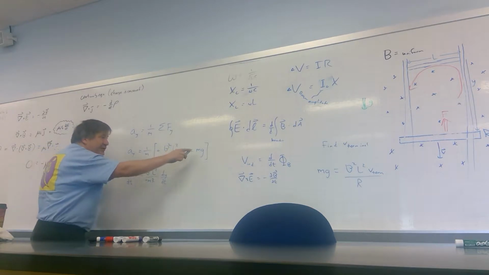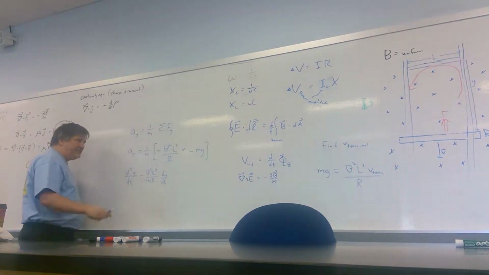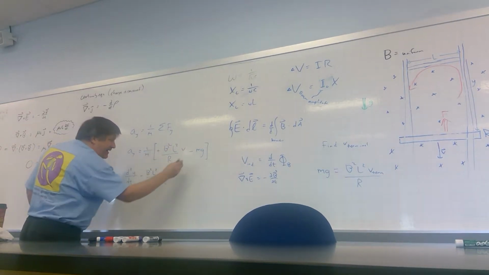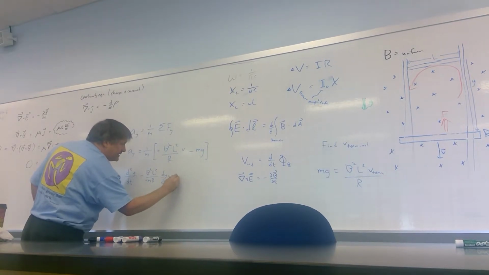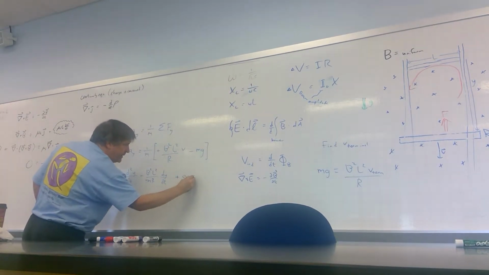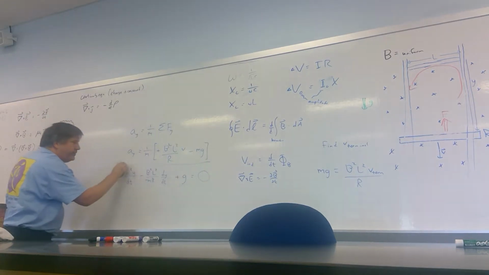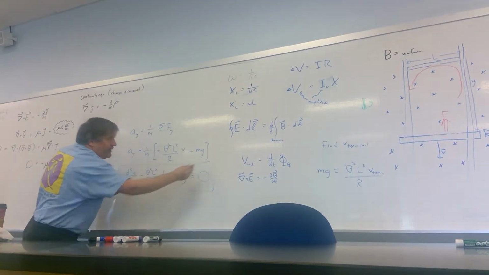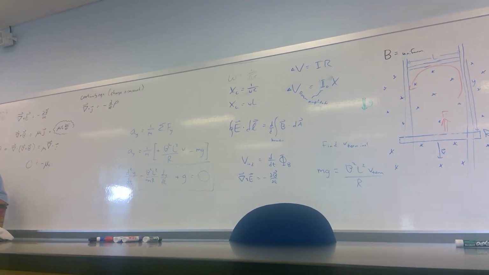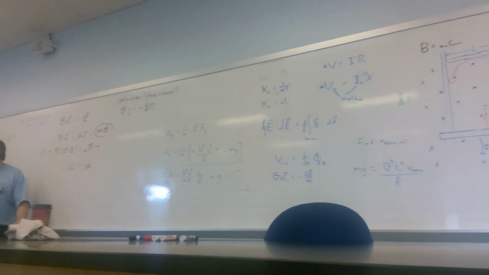And finally, this term has no derivatives with respect to time in it. The 1 over m and the m cancel, so it looks like I would get plus g equals 0. So there would be a way I could build myself a differential equation, maybe propose an ansatz and solve it that way. Probably not on this exam, just because we won't really have time for fiddling around with that.